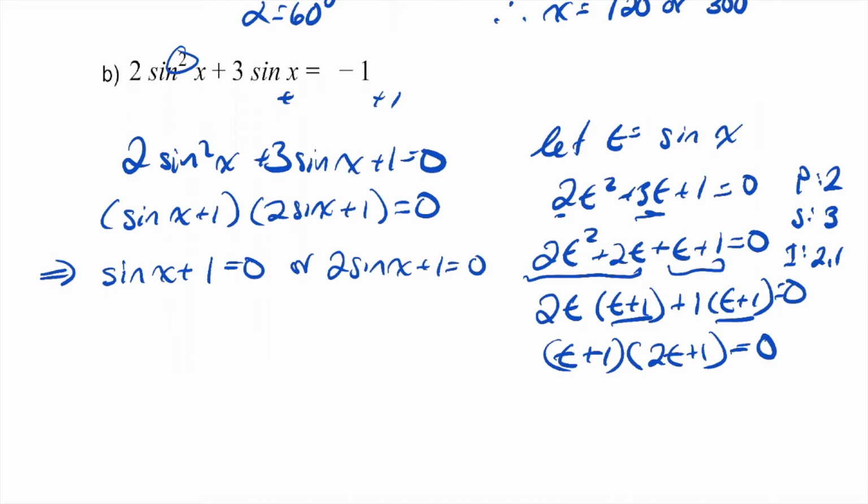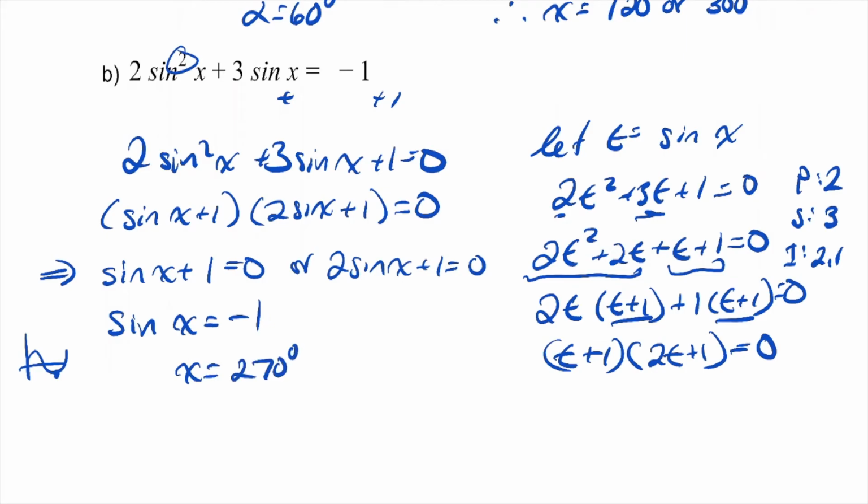So let's solve the first equation on the left first. So here you get sine of x is equal to minus 1. A couple of ways you could remember that: you could use the table of values, or I like to still draw the graph of sine, so it looks something like that. It's -1 at 270 degrees.